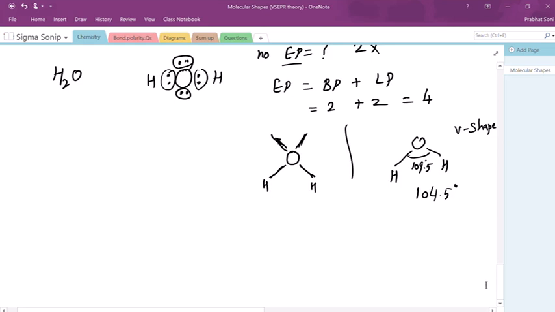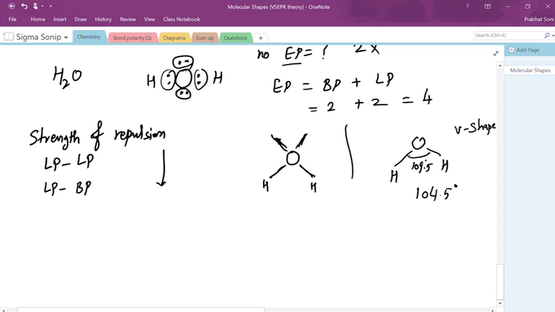The strength of repulsion in decreasing order is this: lone pair repulsion is the strongest, then lone pair-bonded pair is a bit weaker, and bonded pair repulsion is the weakest.